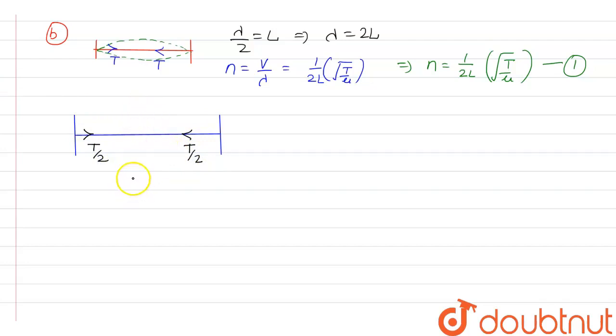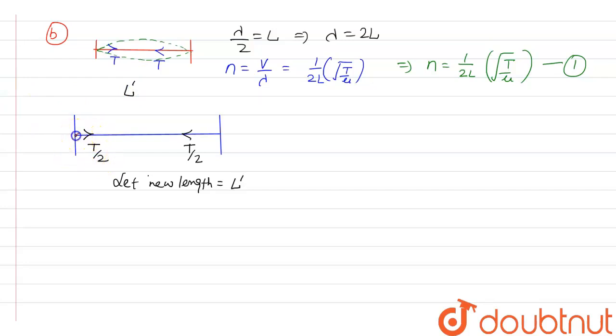Let the new length be L dash, and it is given that it is oscillating in the second harmonic.